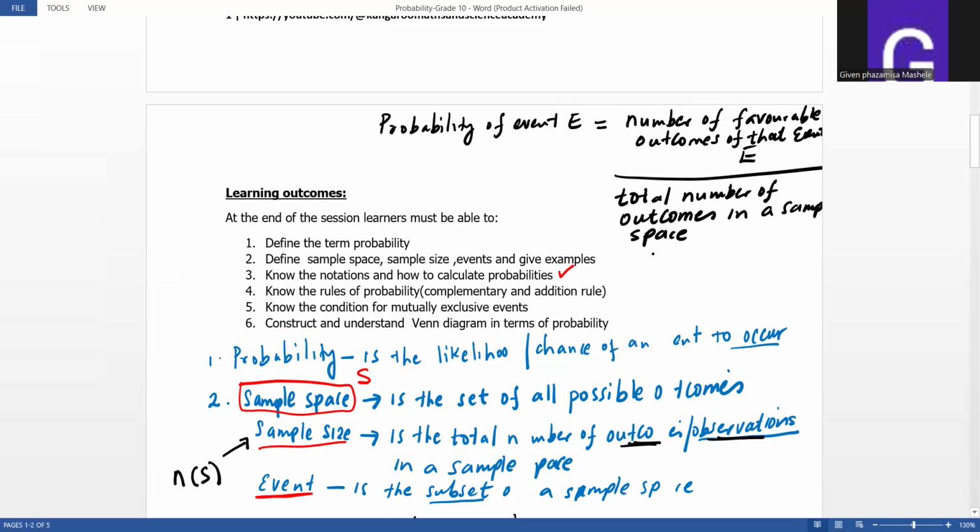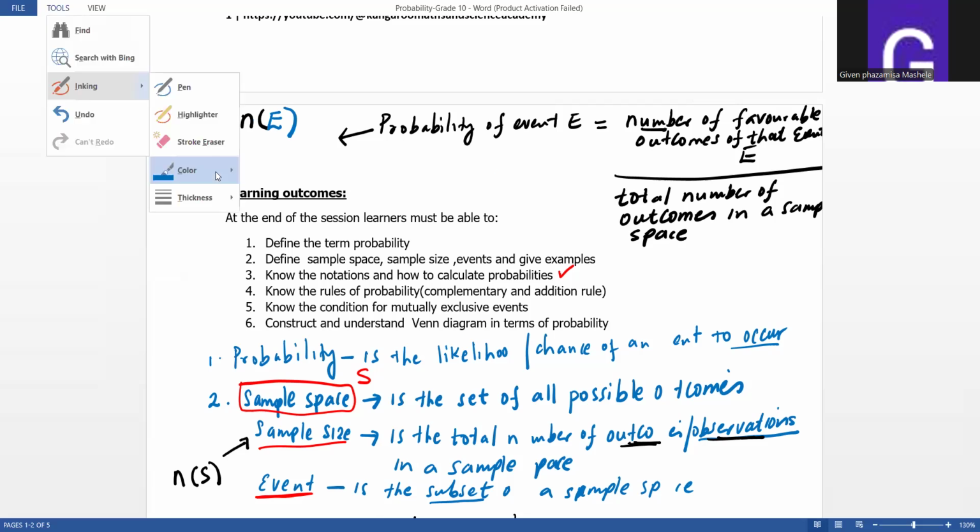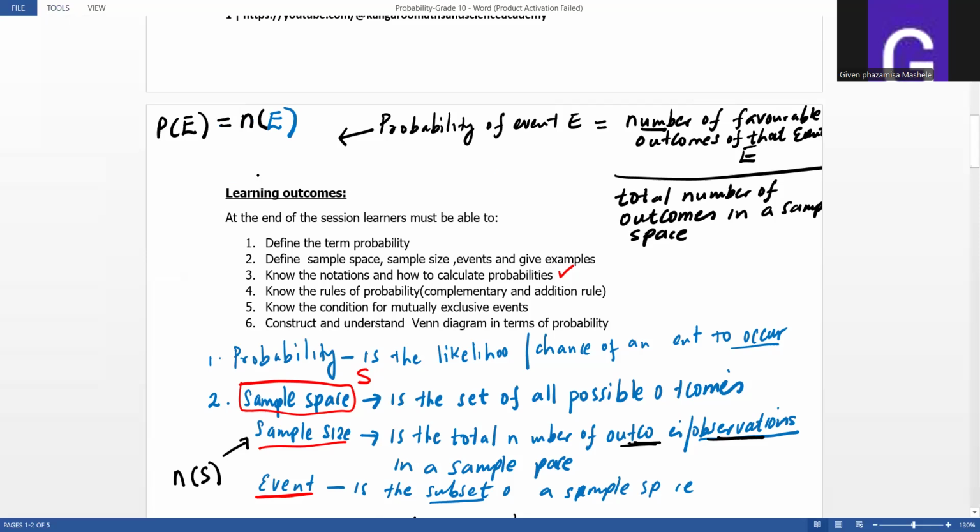And what does this mean? It means that when we are calculating the probability of an event E, we look at the N of the favorable outcomes of event E, the number of favorable outcomes of event E, divided by the total number of outcomes in a sample space.